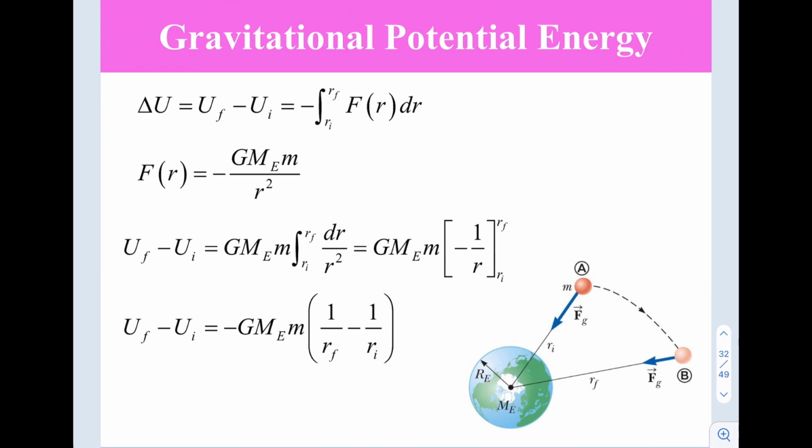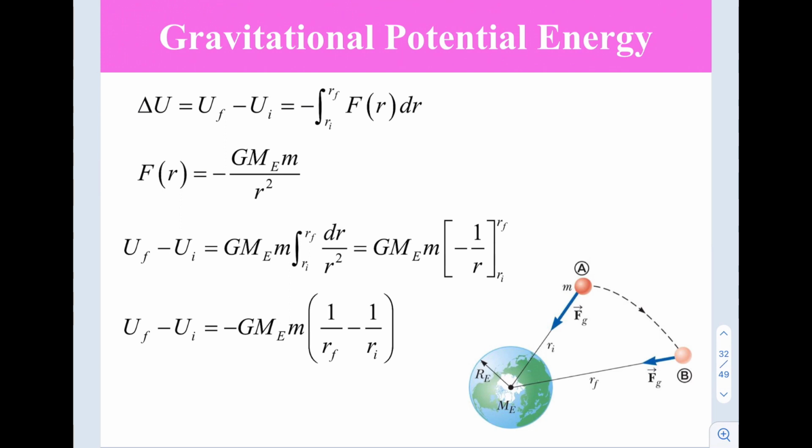Gravitational potential energy. Talking about an object at a certain distance from the center of the Earth or the Sun, of course that object or satellite has potential energy, because it has some position from the center of the planet considered.